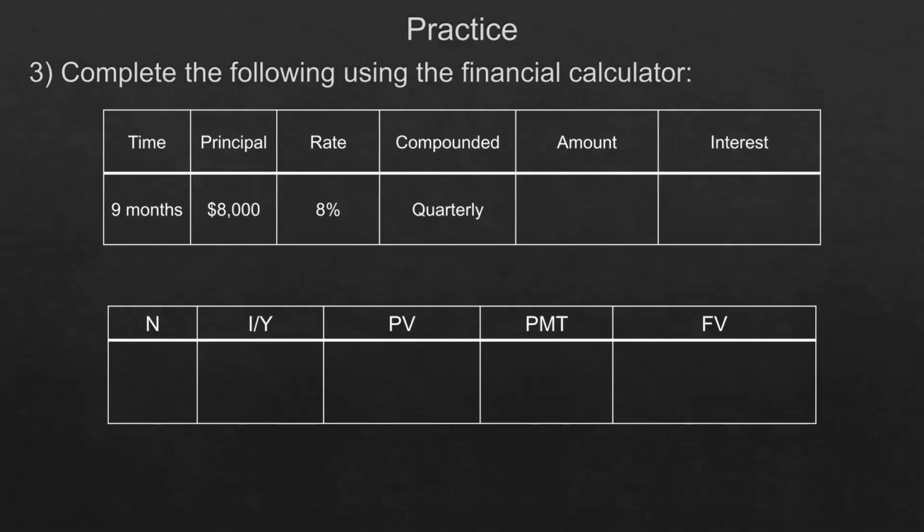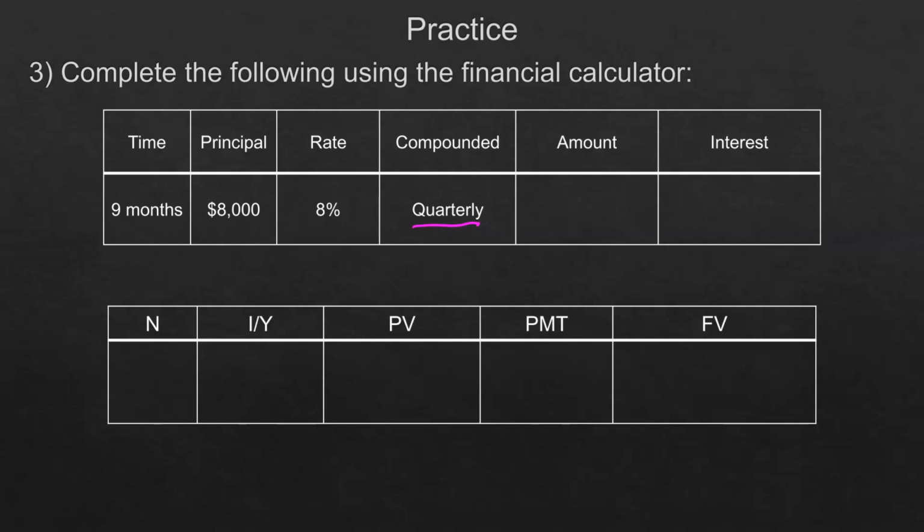Okay, this is a similar question to the last one. I got rid of my blank page, and now I have a page you can see. So we're going to go through that same process on this one. Now, there is a little trick here. This is not even for a full year. So how do we figure that when it's not a full year? Well, this is quarterly, and a quarter is 3 months.